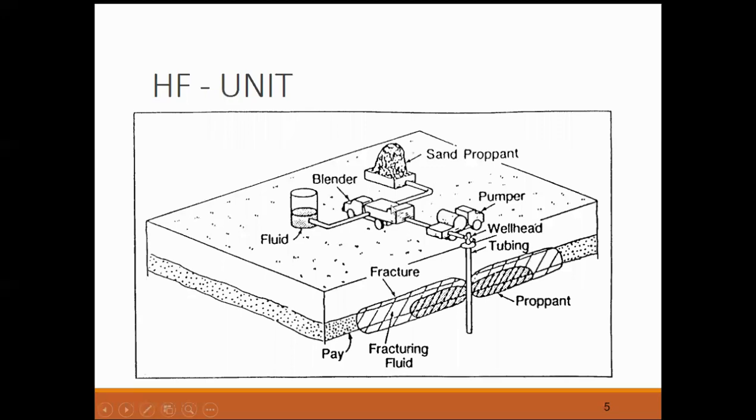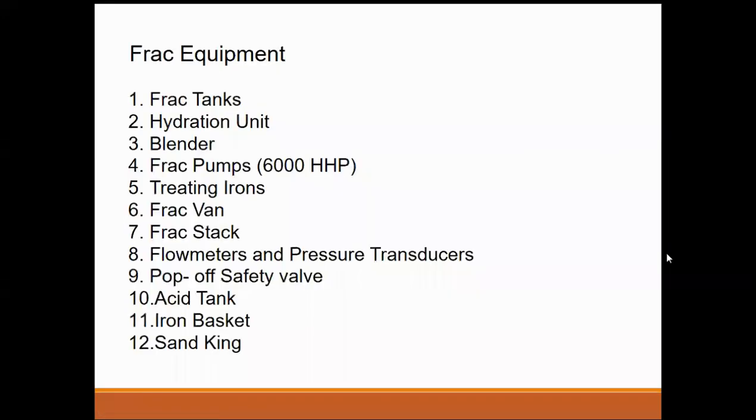The mixture of proppant and fluid is called the slurry. The slurry is then sent to the pumper, which increases the pressure of this slurry and pumps it into the wellbore through the wellhead. From the wellbore, it goes to your formation. So this is just a basic overview of the fracturing operation.